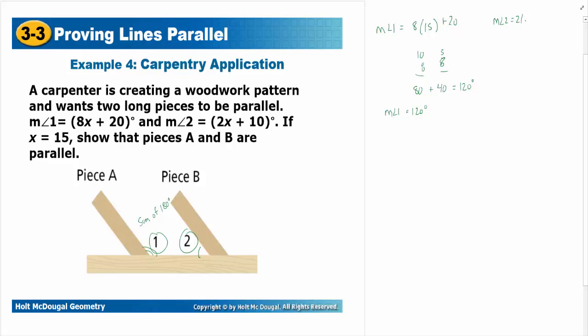That equals 2 times 15 plus 10. We'll do 10 times 2, so 20, and 5 times 2, which is 10, so 30. Actually, did I do that wrong? No, I didn't. The measure of angle 2 equals 30 plus 10, which is 40.